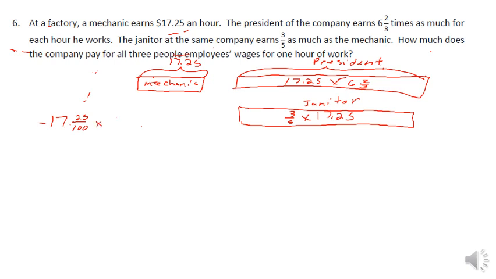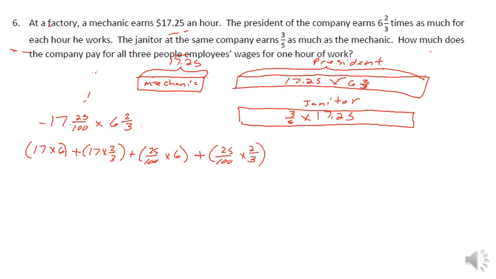times 6 2/3. Now, I can multiply this out, where I would go 17 times 6 plus 17 times 2/3 plus 25 hundredths times 6 plus 25 hundredths times 2/3.